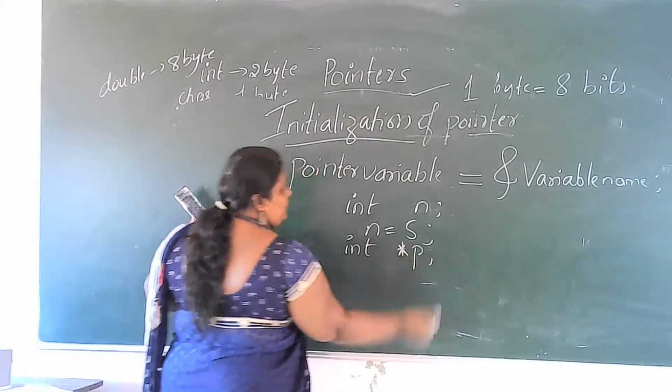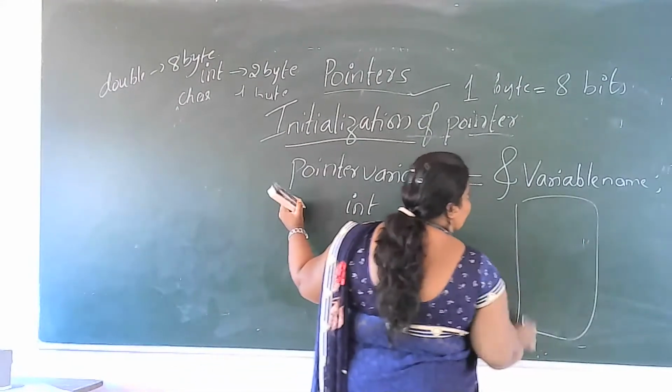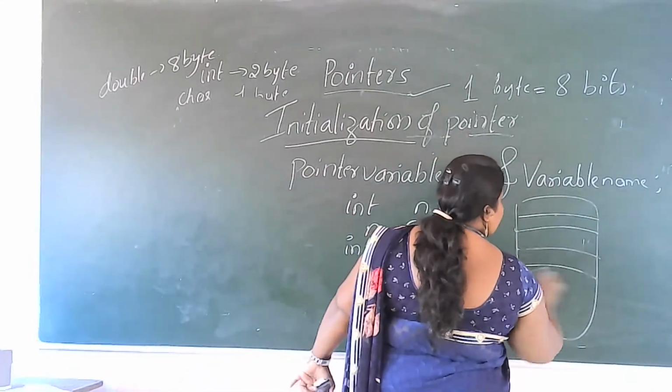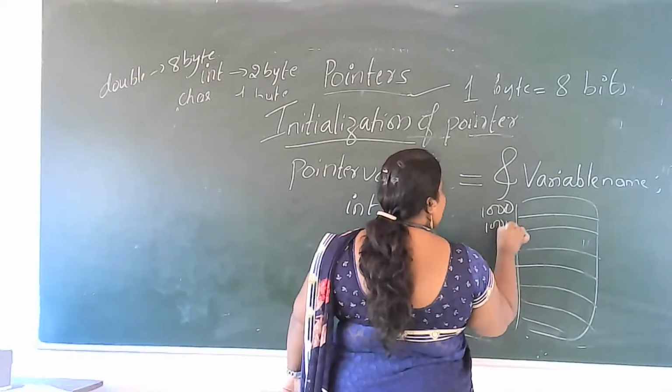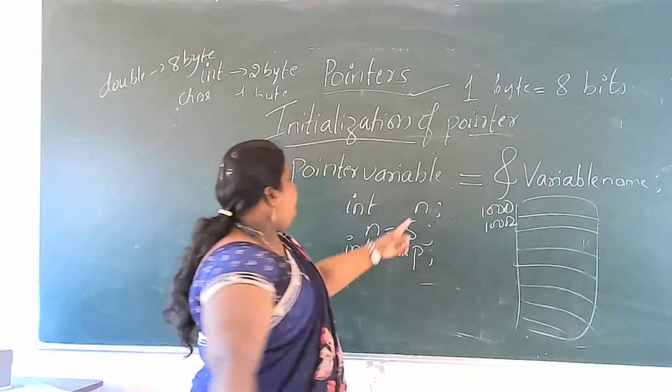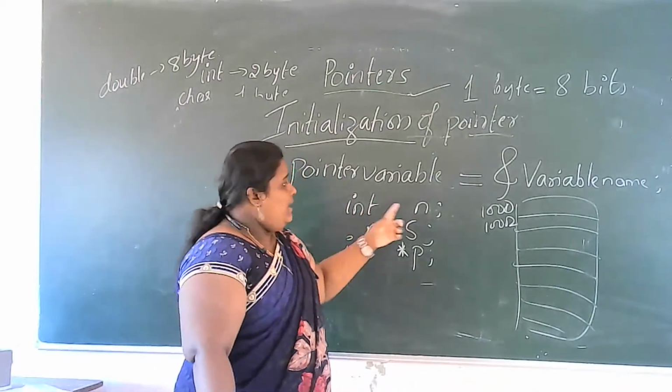What happens in computer memory? Here n is of type integer, so 2 bytes will be allocated, right?